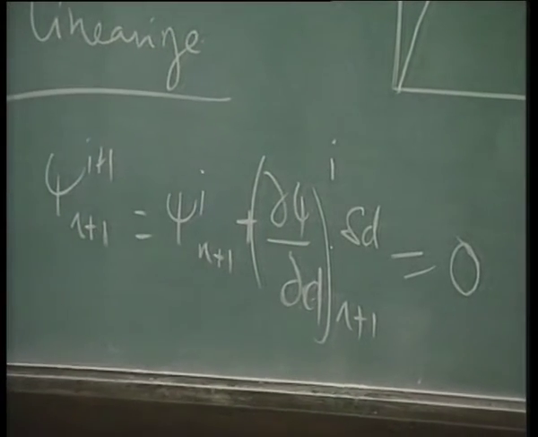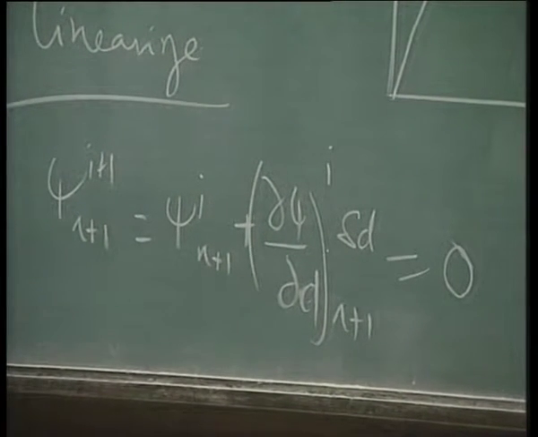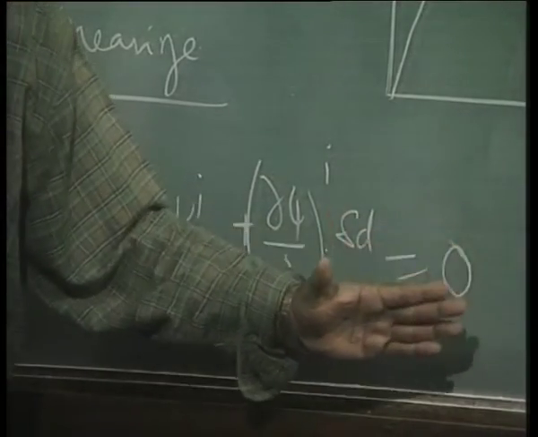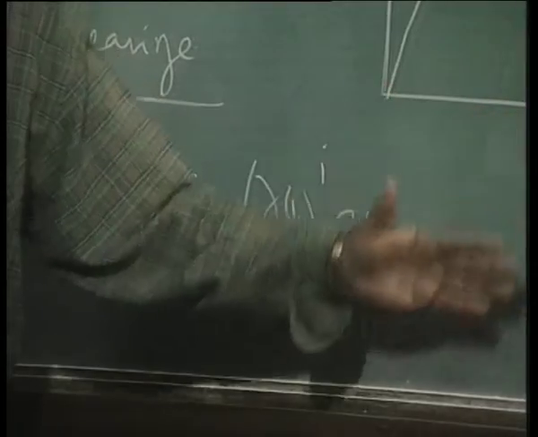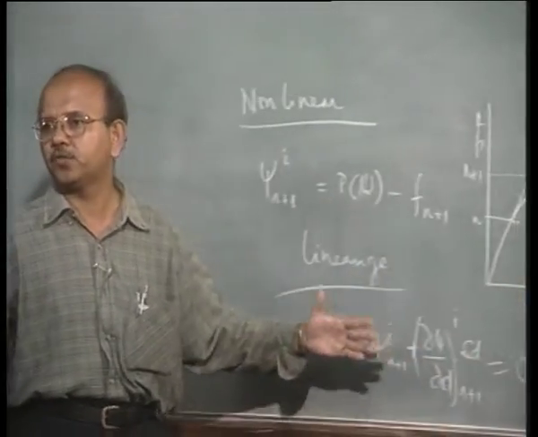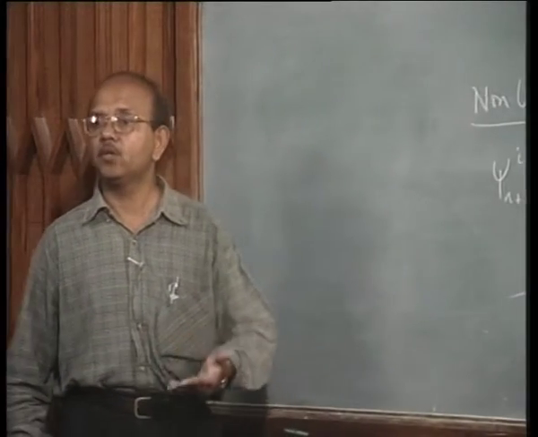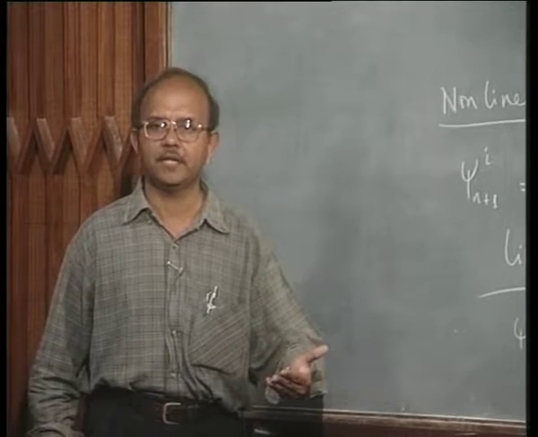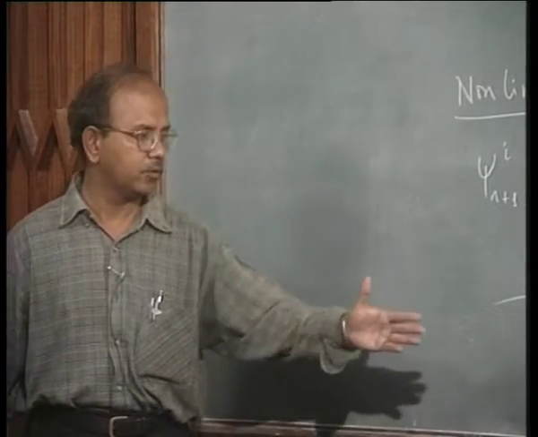Okay, the error won't disappear because I have only taken the first term. If I keep calculating all terms, 1 by 2 psi squared dou squared psi and so on, okay, it may go to 0, but since I have stopped with the first term, it will not go to 0. Is that clear? Okay, this will not go to 0.